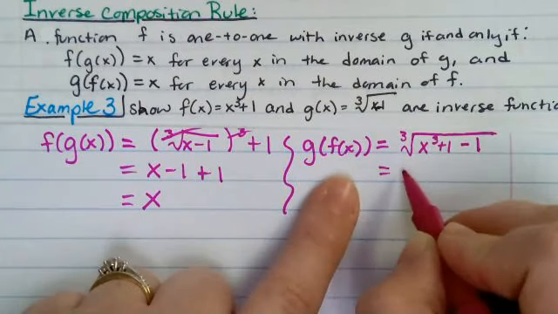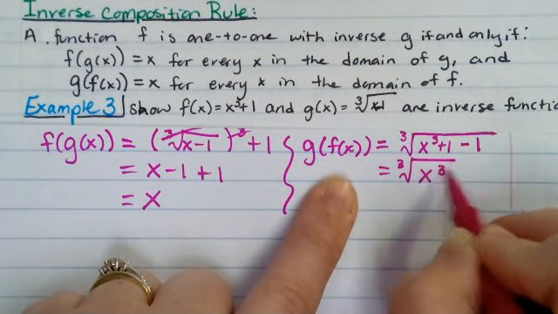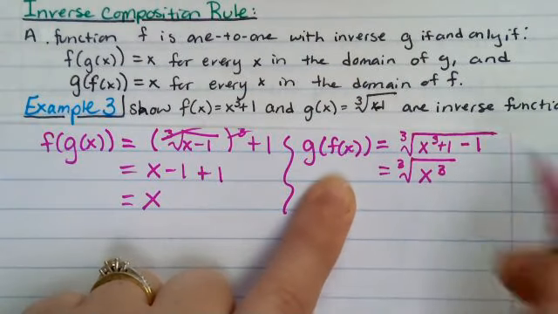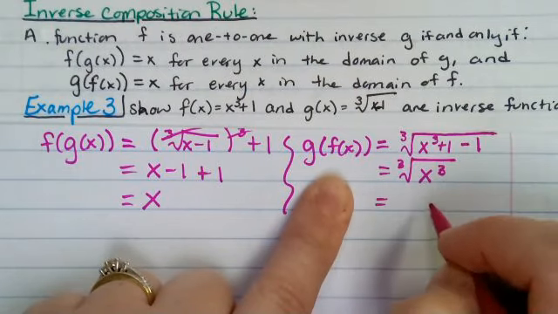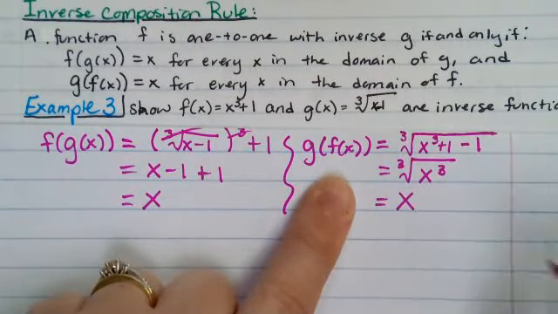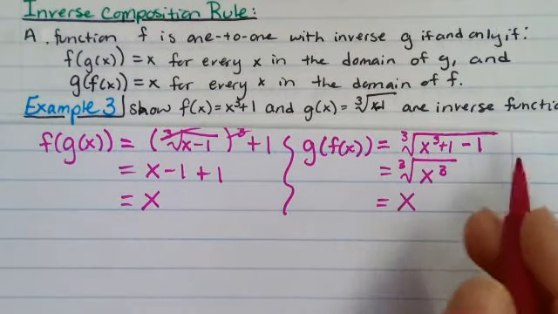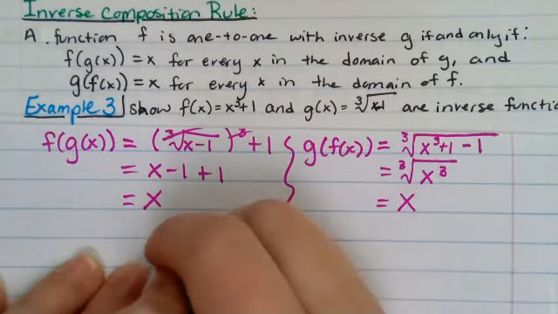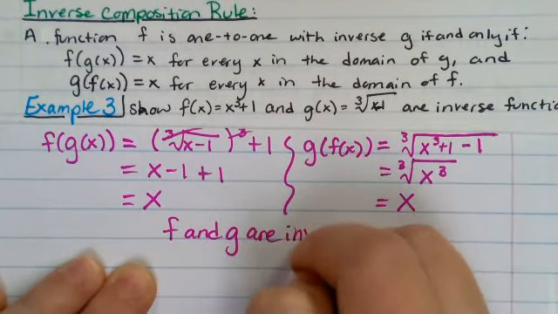Well, look at this. We have the cube root of x cubed, and 1 minus 1 is just nothing. So just the cube root of x cubed. The cube root and the cube cancel and leave you with x. So f of g of x equaled x, and g of f of x equaled x. That means f and g are inverses.